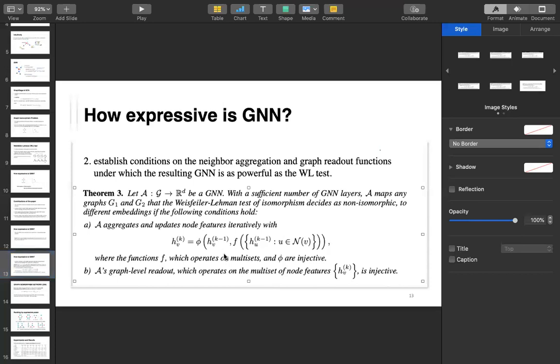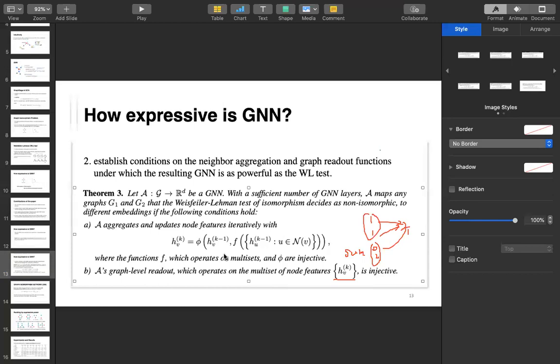I'm saying the function sum is not injective, because 1 and 1 can map to 2, and 0 and 2 can also map to 2. So your example of sum is not injective, which means that if we use sum as a readout function, the resulting GNN is not as powerful as the WL test.